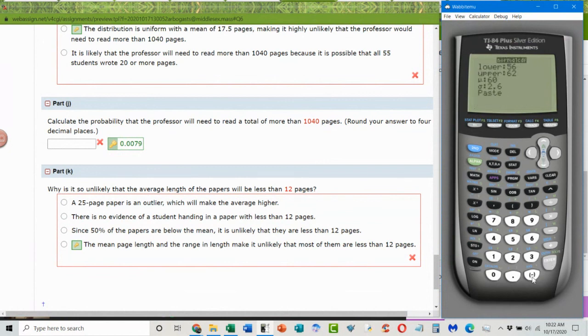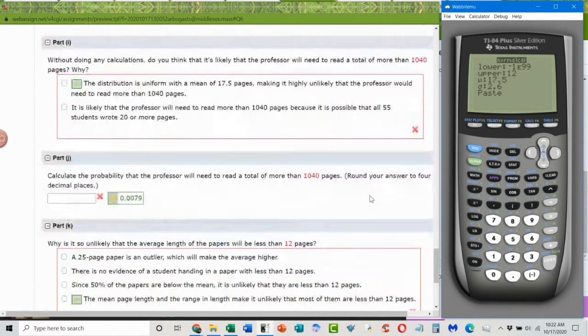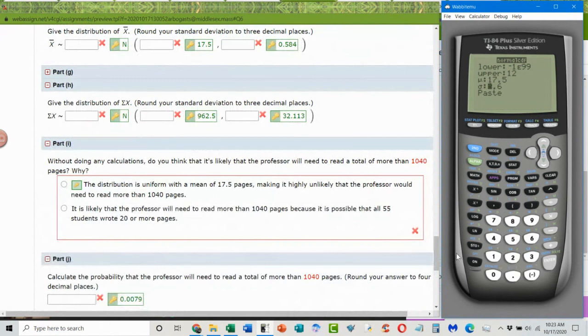So from negative infinity up to 12, where the mean is 17.5 and the standard deviation is 0.584. It's 0. Right? The probability of that happening is 0 because it's 11 standard deviations below the mean.